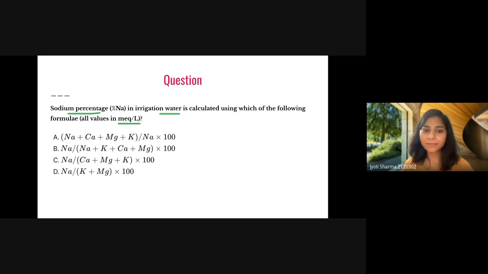Pradeep gave me B. Yes. This is the sodium divided by all the cations that we have, multiplied to get a percentage. So B will be the right answer.